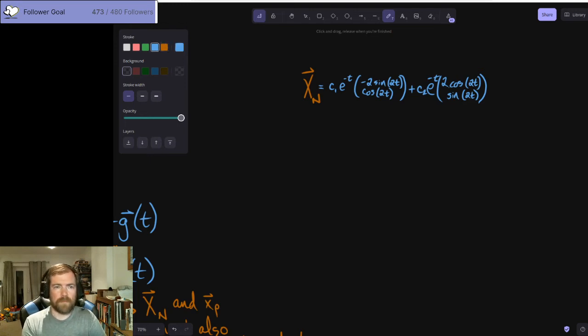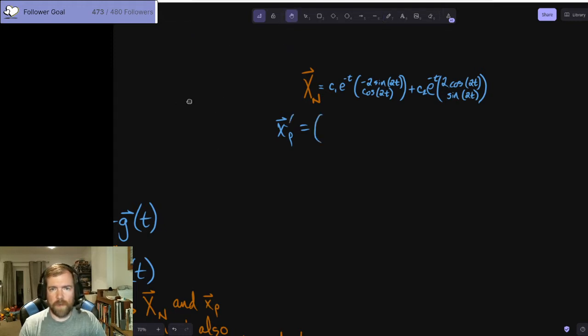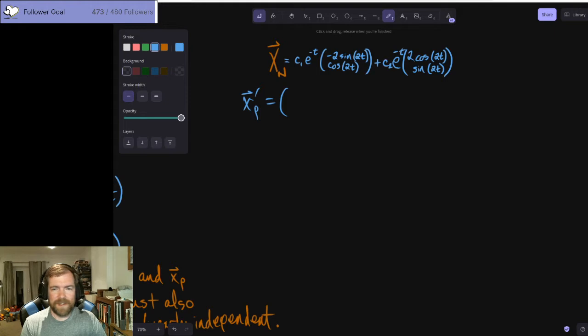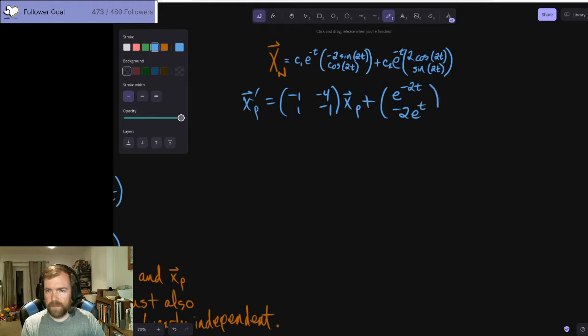Now we said that we need additionally a particular solution whose derivative is the matrix [-1, -4; 1, -1] multiplied by our x particular, plus e to the -2t, -2 e to the t.